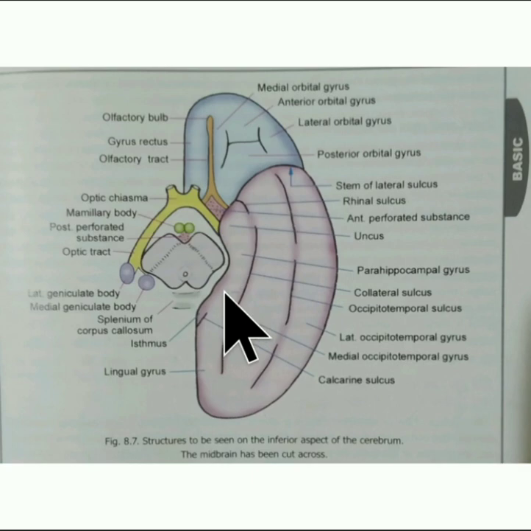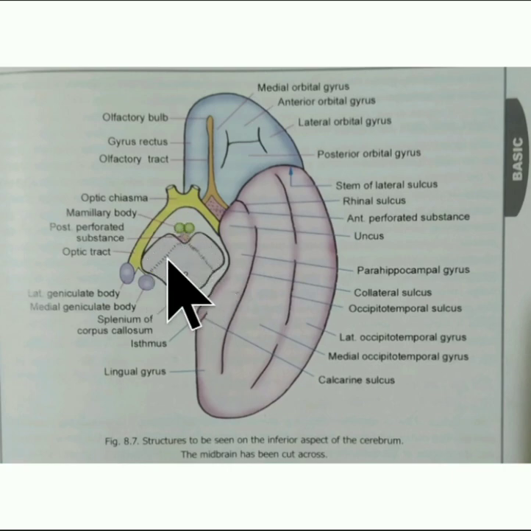Anteriorly, the lingual gyrus becomes continuous with the parahippocampal gyrus, which is related medially to the midbrain and the interpeduncular fossa.